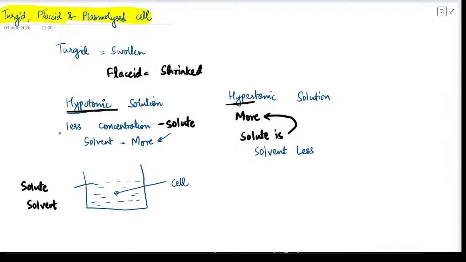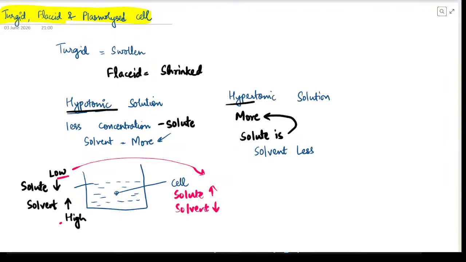Hypo means less concentration of the solute, so I am making a down arrow which means low, and an up arrow that means high. We cannot use the words high concentration and low concentration unless we are talking about a cell dipped in it. So the cell will have solute concentration opposite here, and it will be high. And solvent concentration will be low here because here it is high.